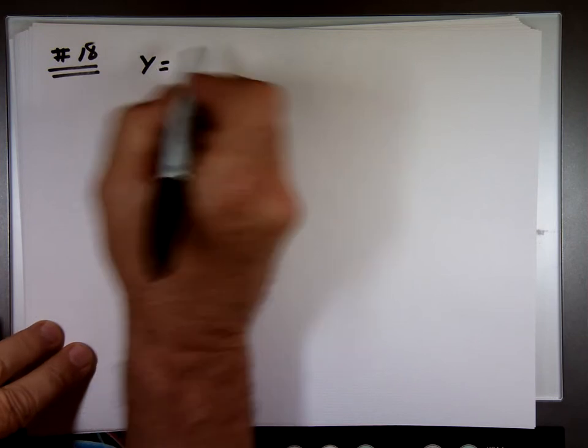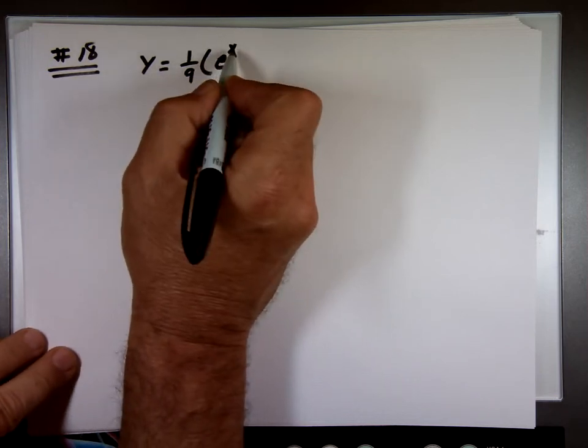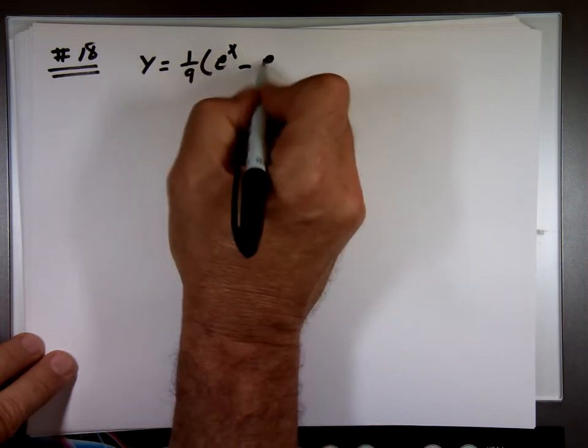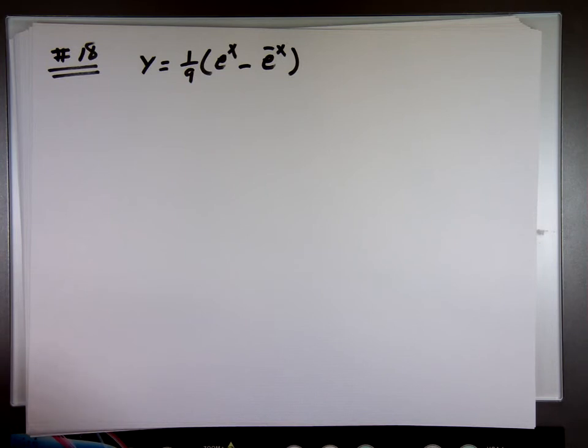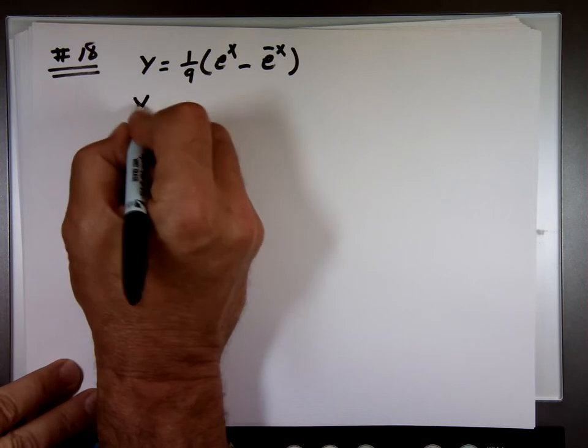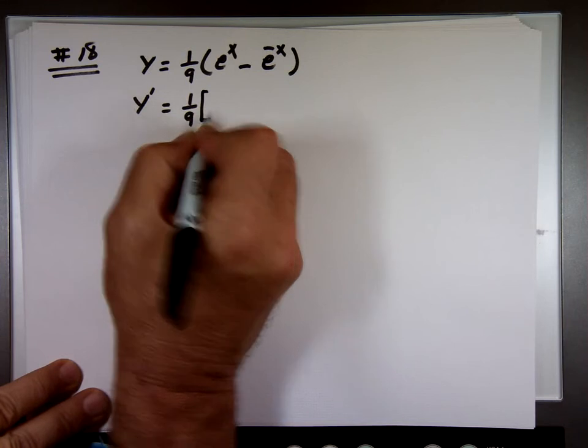(1/9)(e to the x minus e to the minus x). Again, the question: find the points of inflection, if any, concave upward, concave downward. I need the first and the second derivative. First derivative: there's the 1/9. What's the derivative of e to the x? e to the x.